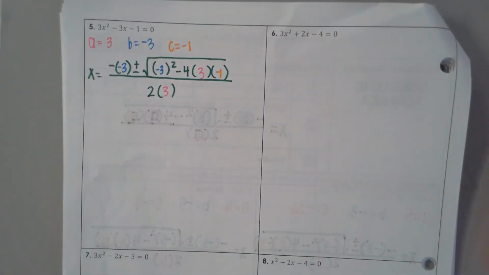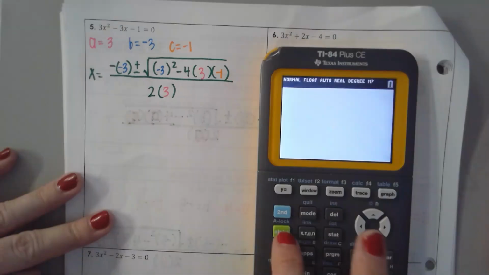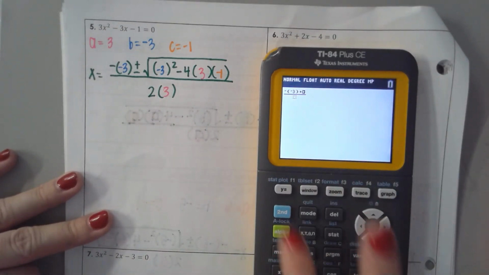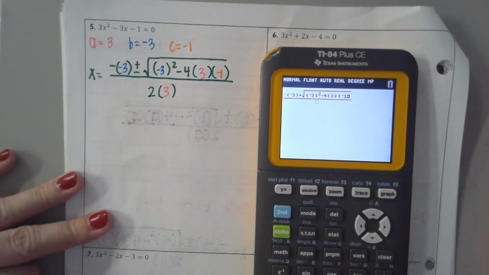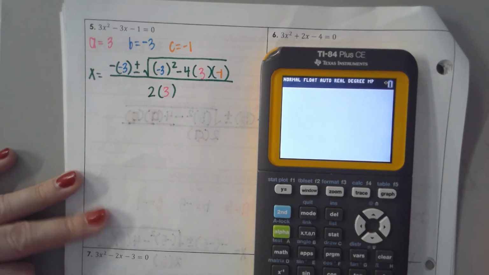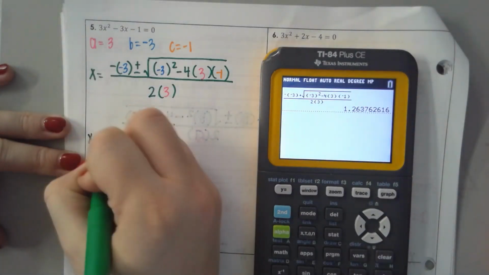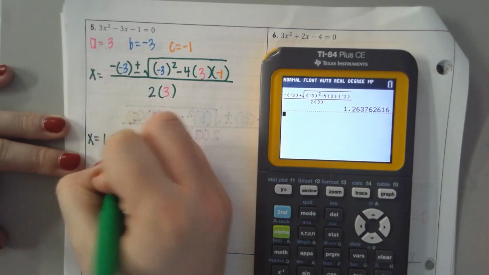All right, so I filled that into the formula. Okay. So type it in. And you should get a decimal on this one. 1.26, is that what you all got?